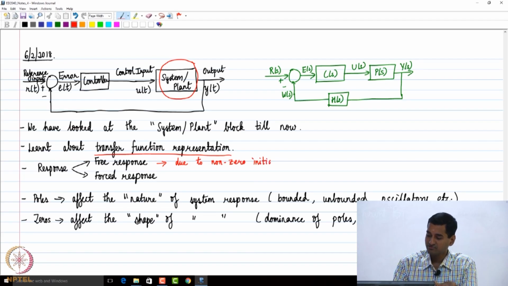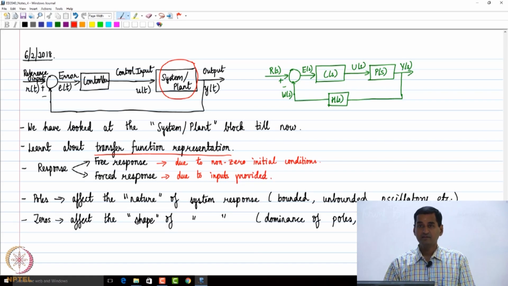That part of the dynamic response is the free response. The forced response is due to the inputs provided to the system. Both responses are equally important.